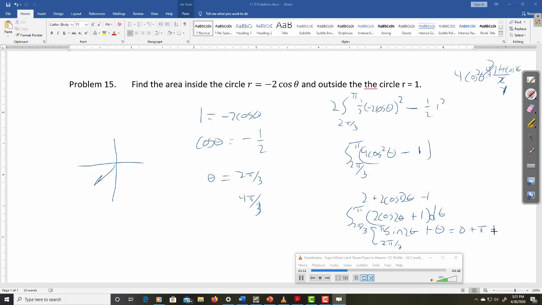This will be plus. And sine of pi over 3 is square root of 3 over 2, so square root of 3 over 2. And then minus 2 pi over 3. So this is going to be pi over 3 plus square root of 3 over 2.